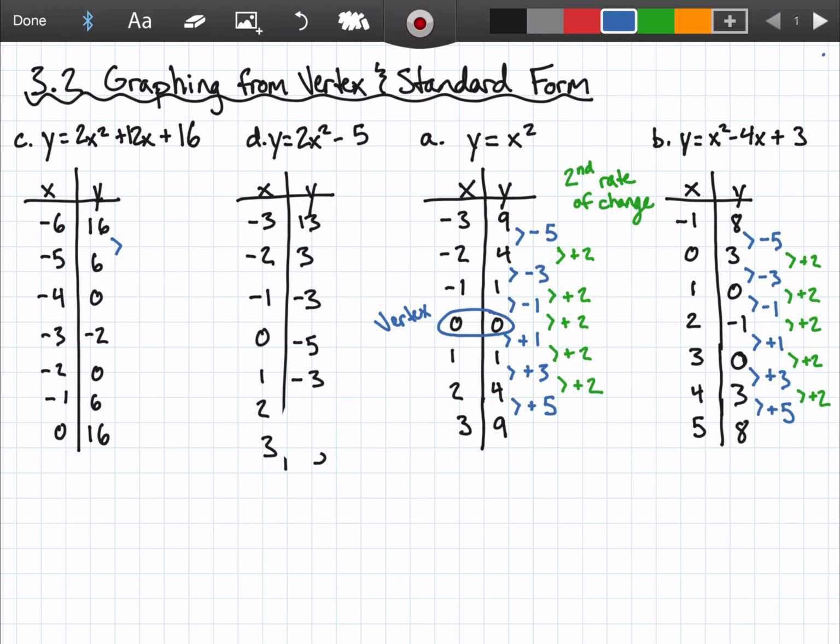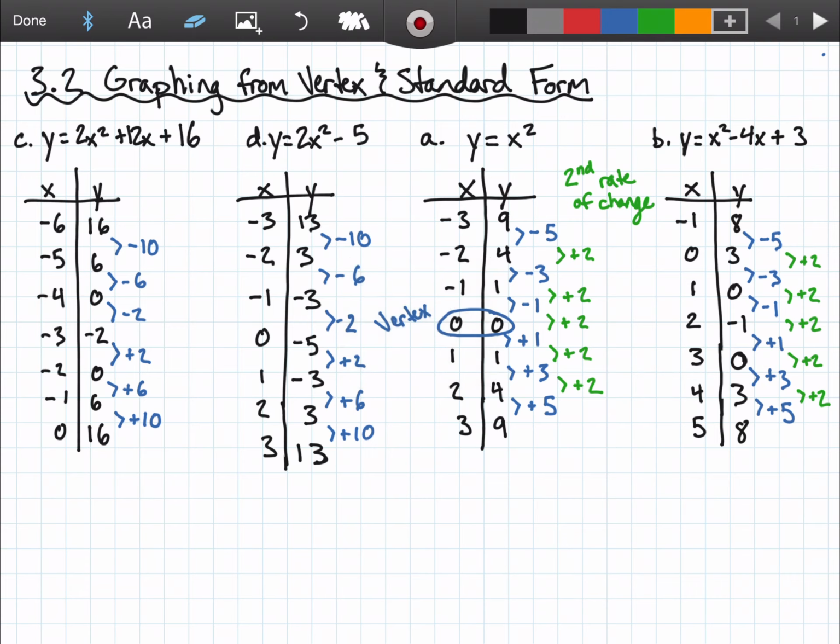For these equations, if I was to look at my change, I got -10, -6, -2, +2, +6, +10. So you do the same thing on this side. -10, -6, -2, +2, +6, +10. Oh, would you look at that? It's the same as example C.